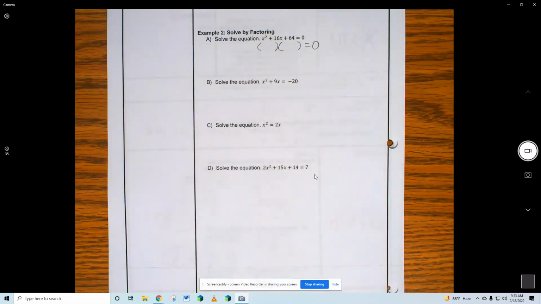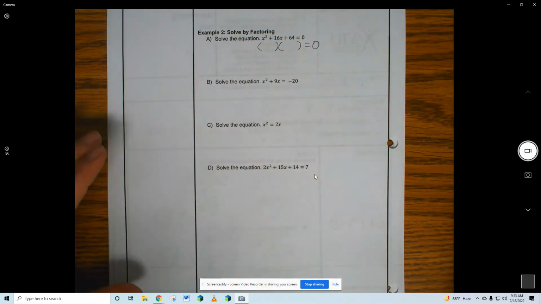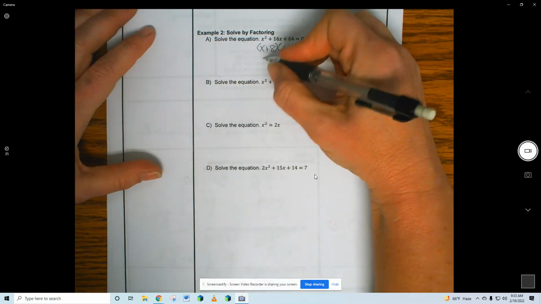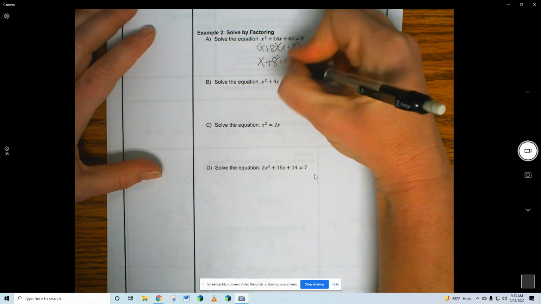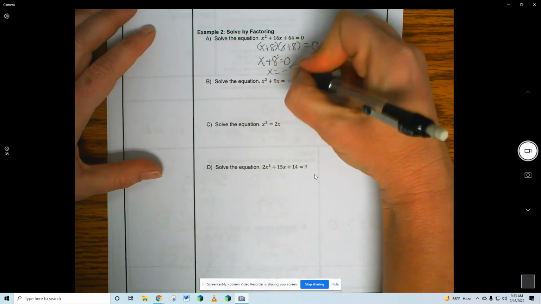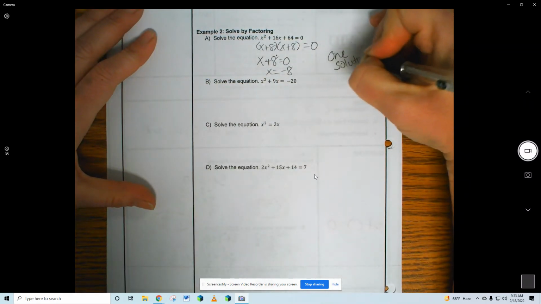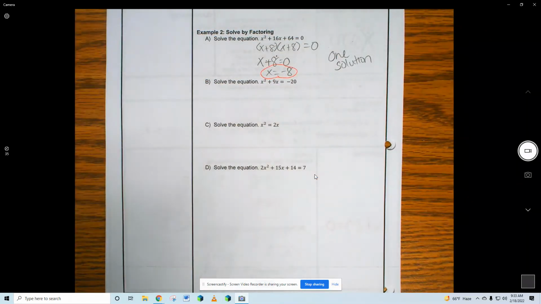What would that be? 8. I only really need to write it one time. This only has one solution, and it's just -8. So the problem only hits at one spot, -8.